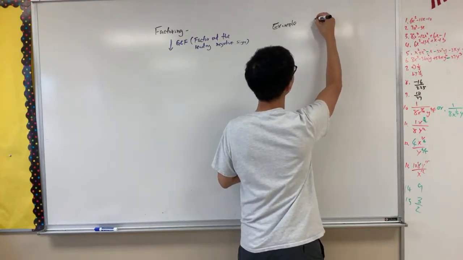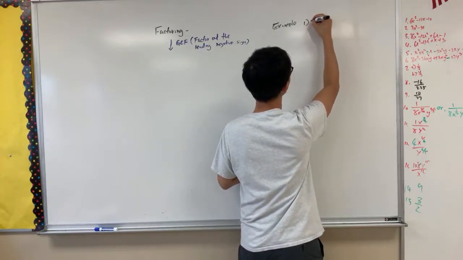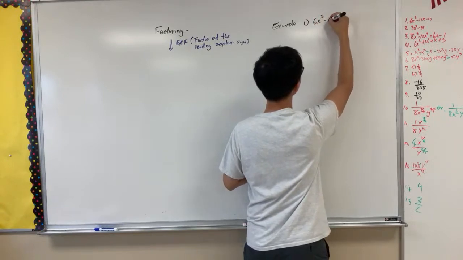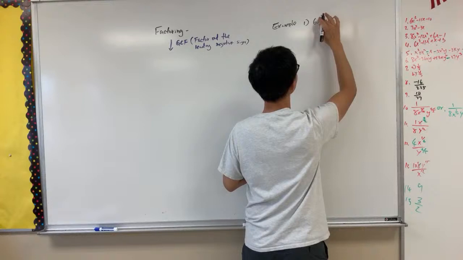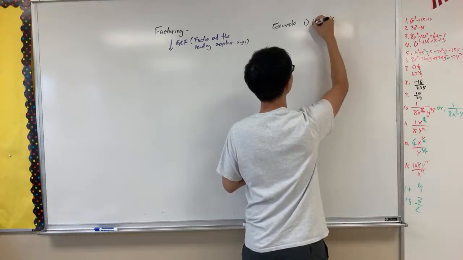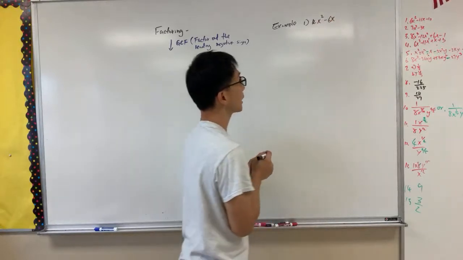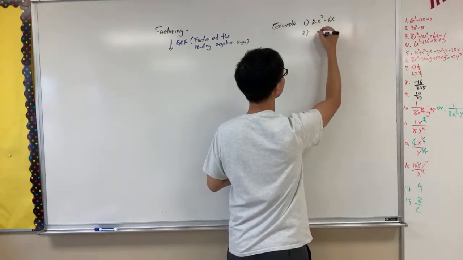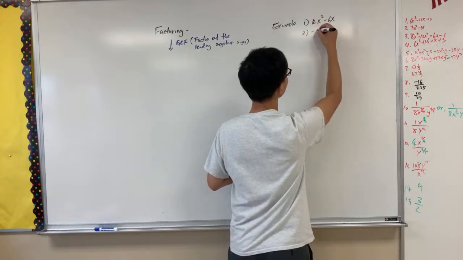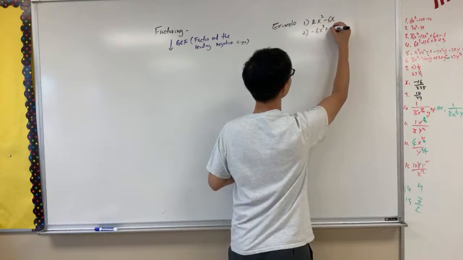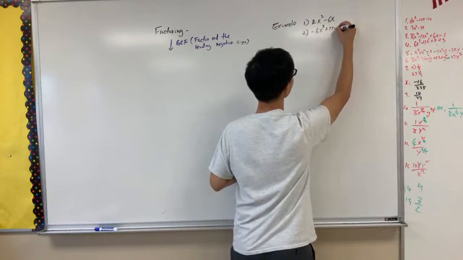Okay, so let's start with a simple example. Let's say example 6x squared minus 6x. Actually, let's go with 12. Okay, let's factor those. Second question is I can factor out negative 6x to the third plus 12x squared.